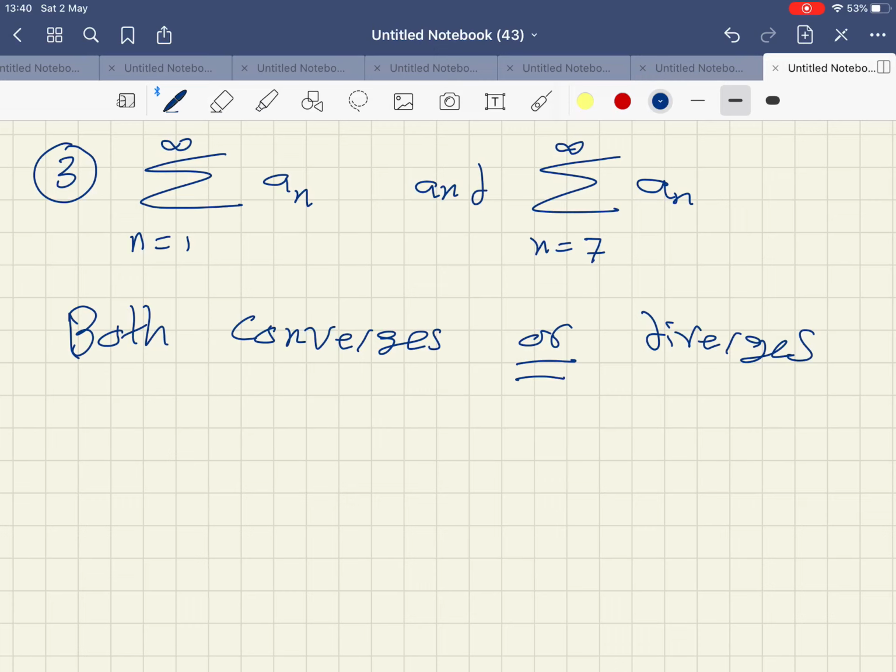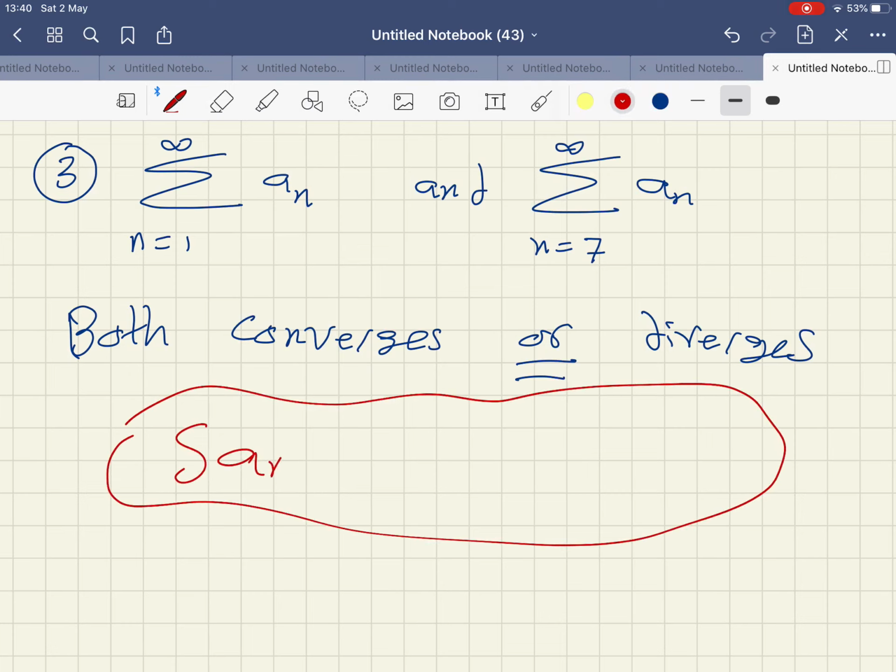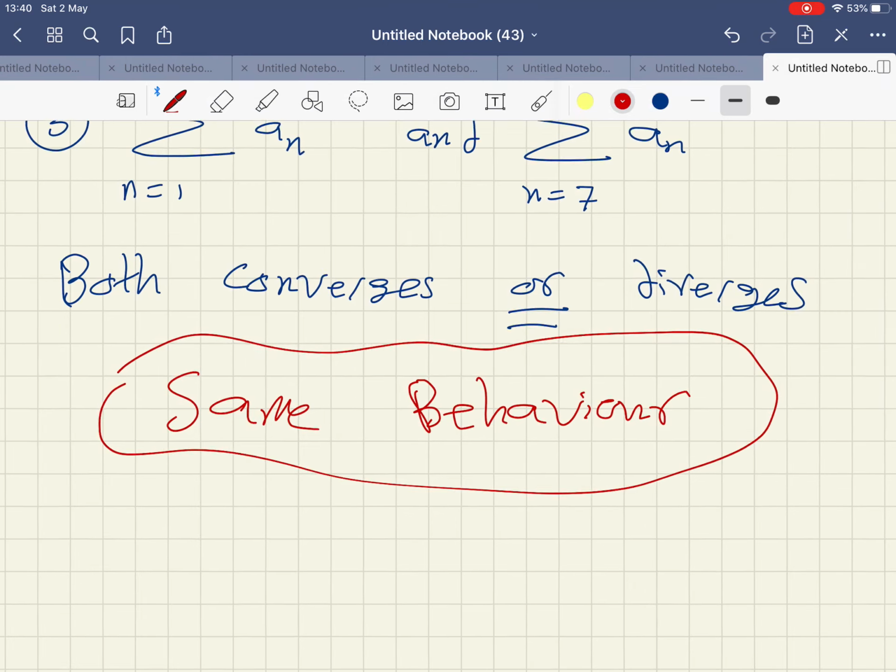But if you just want to test converges or diverges without knowing what will be the final answer, they have the same behavior. So we say that those two series have the same behavior if either both converge or both diverge. And it doesn't matter from where we start.